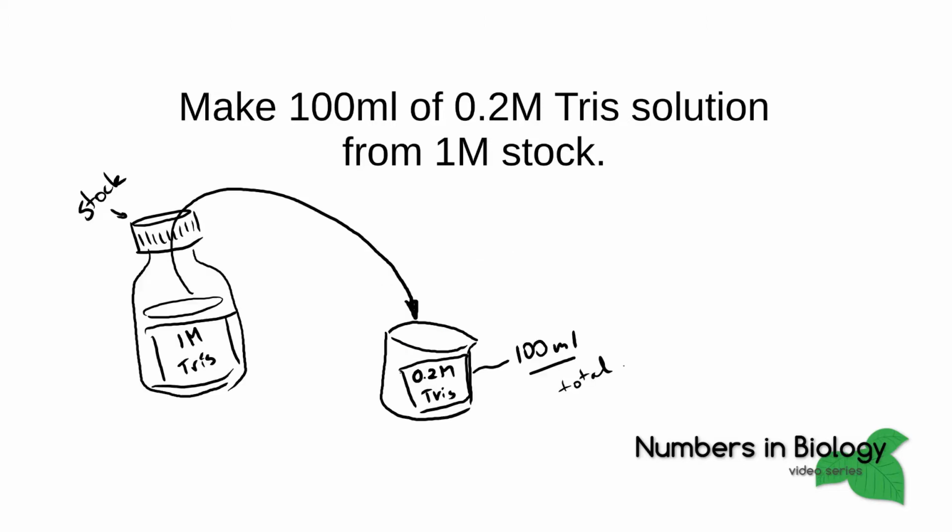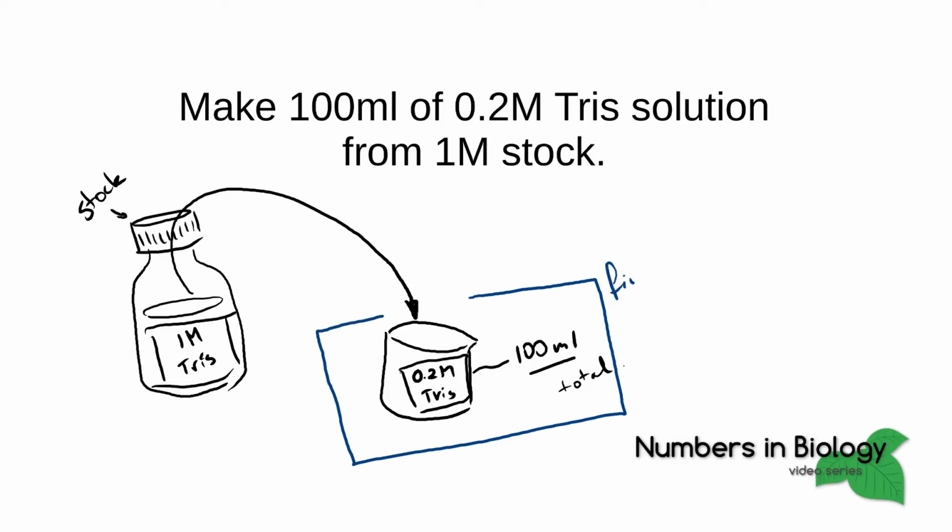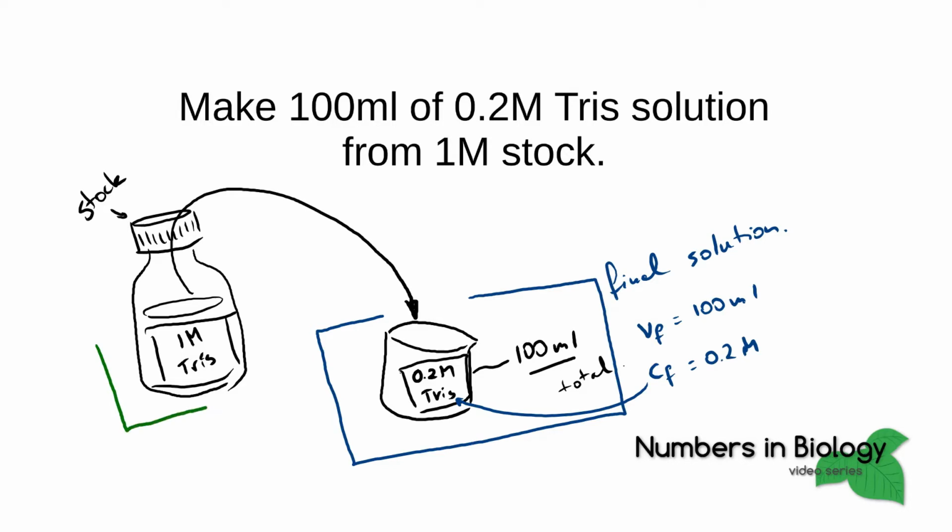Let's take a look. If we look at this situation here, this right here is what you want to make. This will be the final solution. And so here, the VF will be equal to 100 milliliters, while the CF, the final concentration, is right here, is 0.2 molar. Now, what you have in your stock solution is the initial situation.